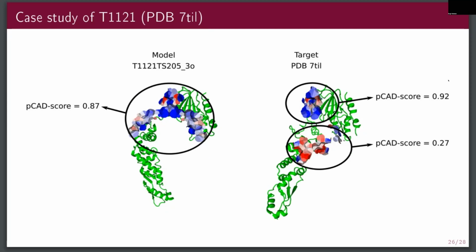So this model was over-predicted a little bit compared to this, and it shows because the score here is better in the target structure. But anyway, it's a strange case. Maybe it's worth reading a paper about the structure, but no time for it now.